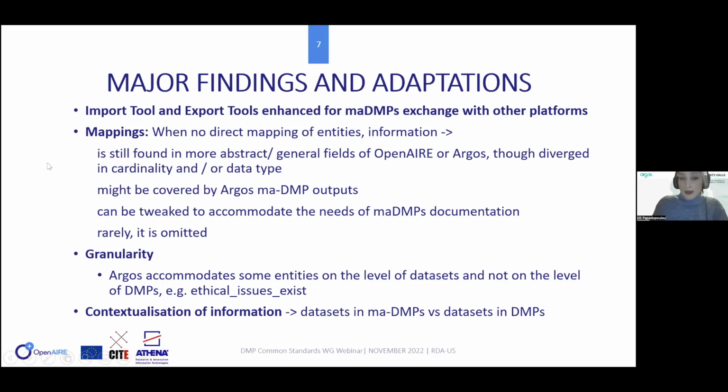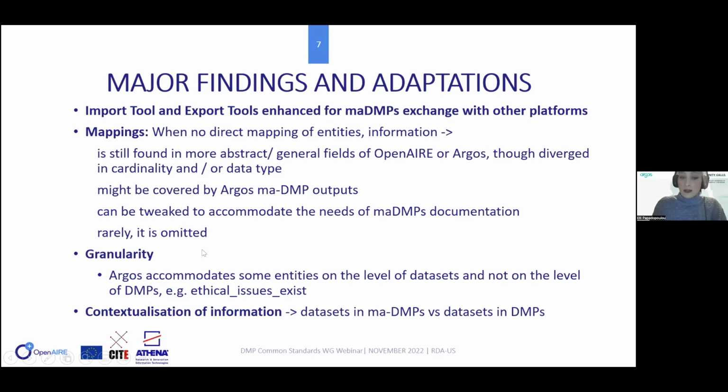In terms of the mappings, I added here some information. So when we couldn't find a direct mapping of the entities and the information in the research graph, that means that we have to take it from Argos, or sometimes we could tweak them to fit the standards requirements, or very rarely it is omitted.